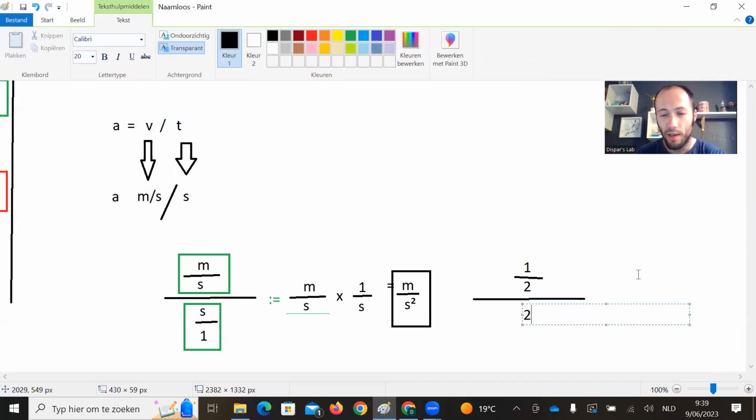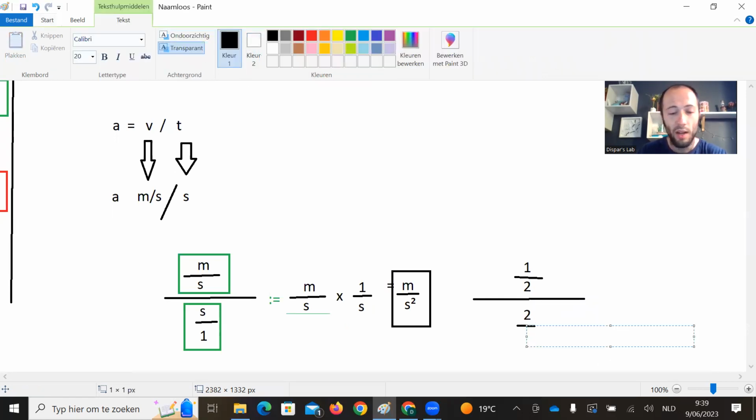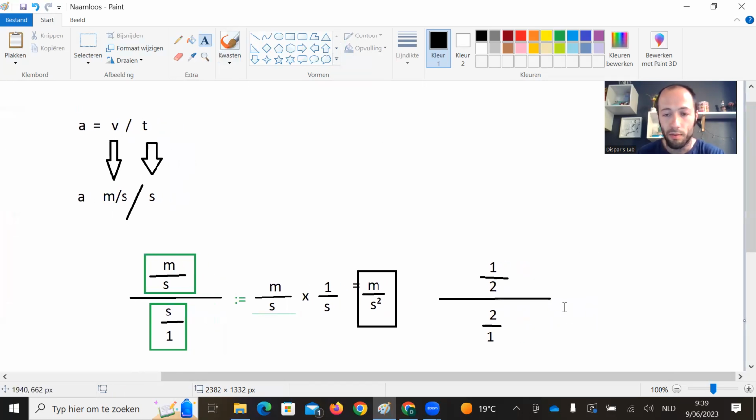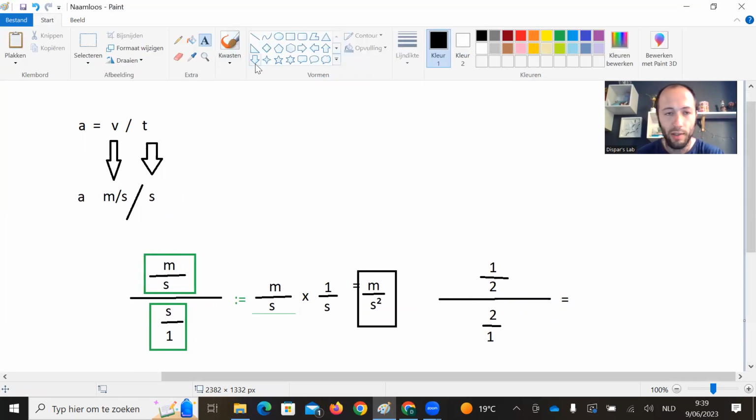And you can notate the 2 as a fraction, 2 over 1. So we basically have 1/2 divided by 2, which is a quarter, 1/4. A fraction divided by a fraction, take the reciprocal, becomes 1 over 2 times 1 over 2.